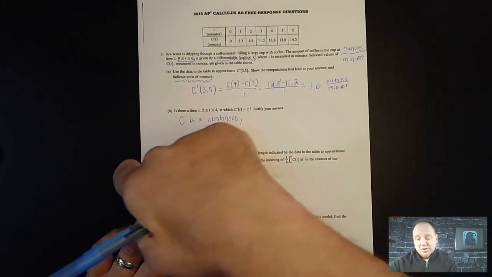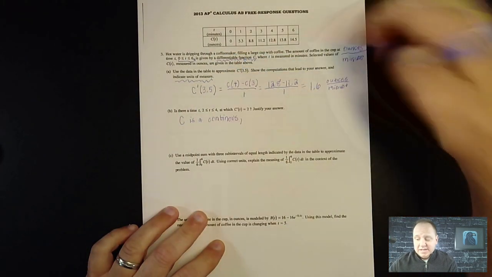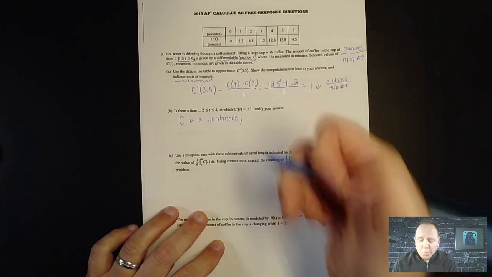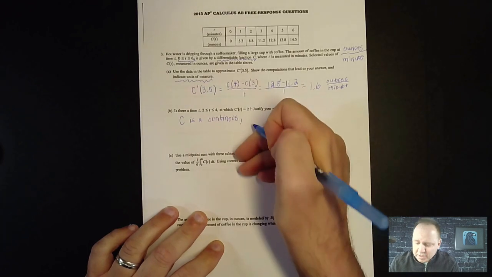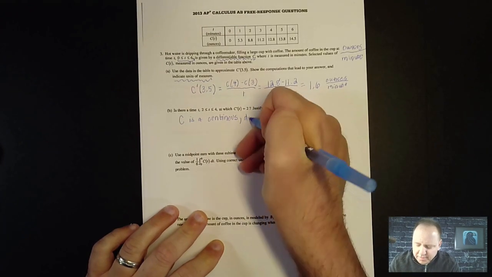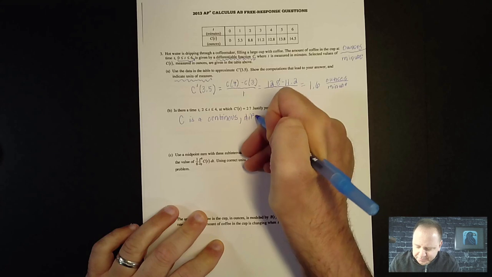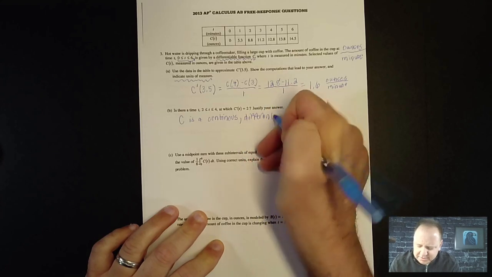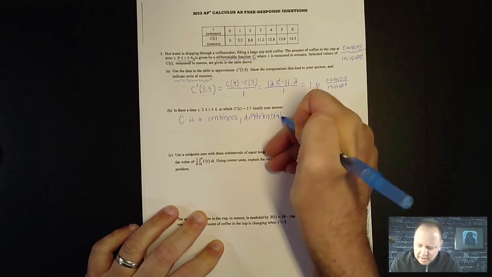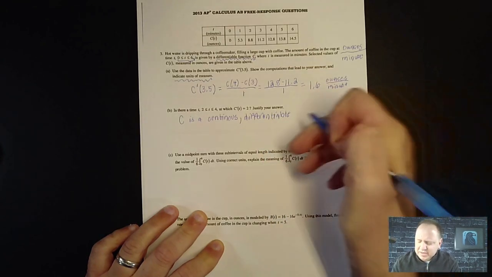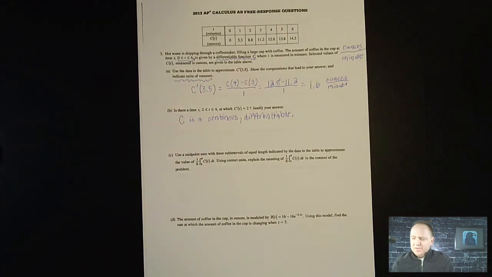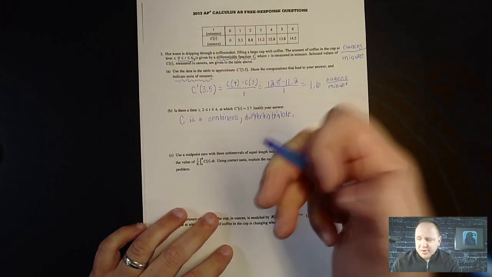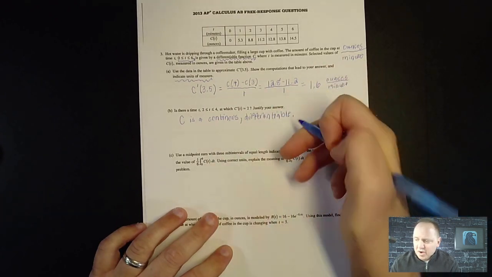If I'm going to let the slope of the secant line equal the slope of the tangent line, it has to be differentiable on the open interval from 2 to 4. Differentiable function. Always state that first. And I told you, do that for the IVT, the MVT, and for the extreme value theorem. But for the IVT and extreme value theorem, just state the continuity. This one, you've got to go one step further and talk differentiability.